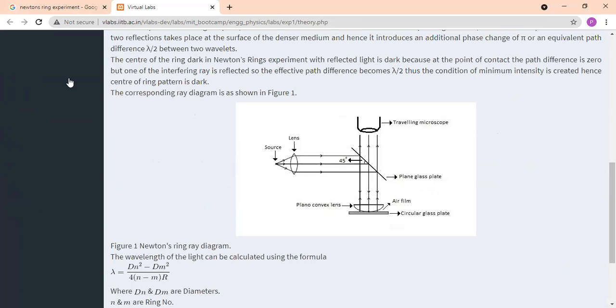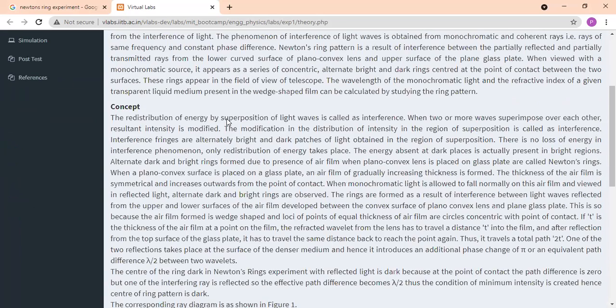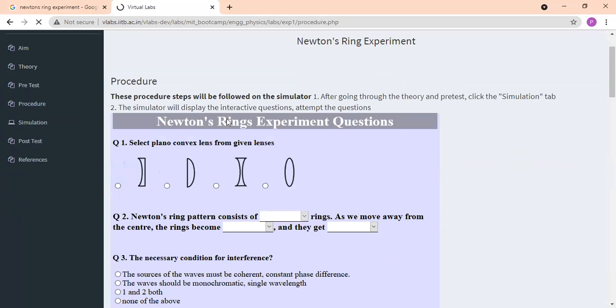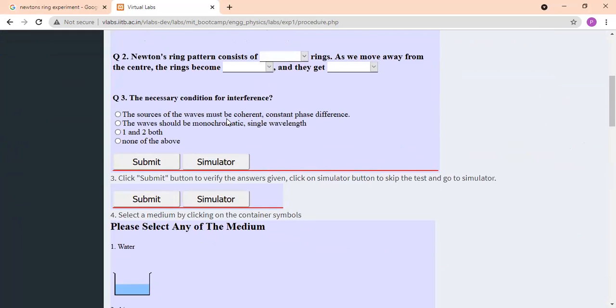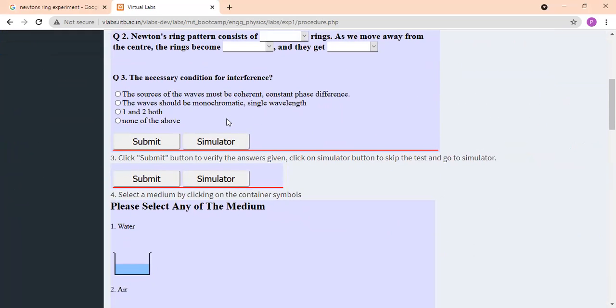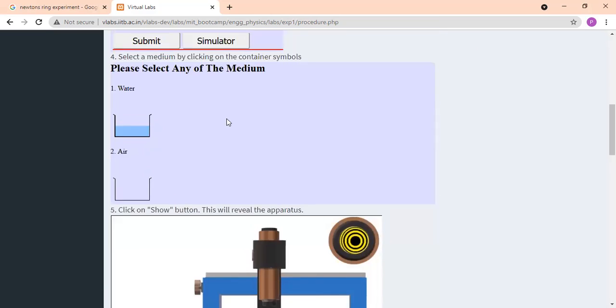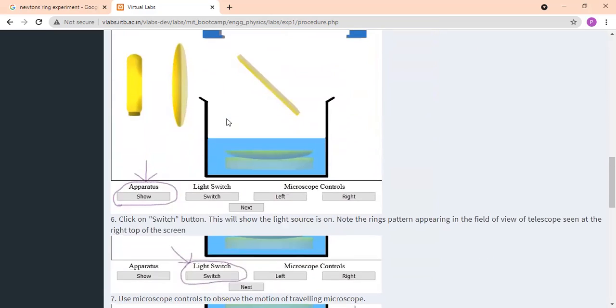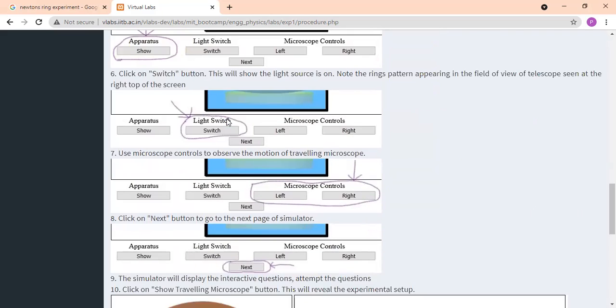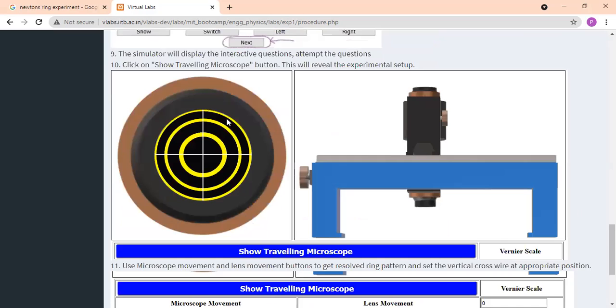This is the theory part. Let us go to the procedure. So you can do all these questions, very straightforward question, and then you can go to the simulator. Okay. So where you can simulate things here. So follow all these steps. Okay.